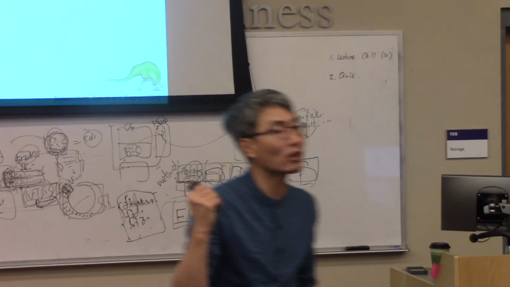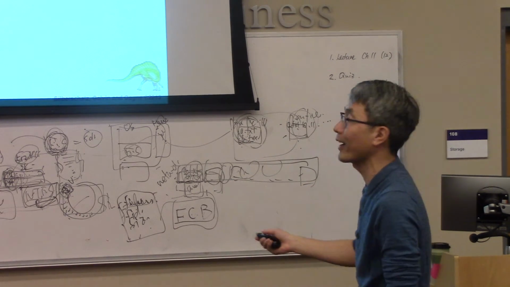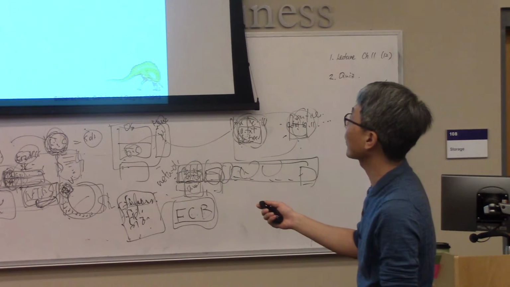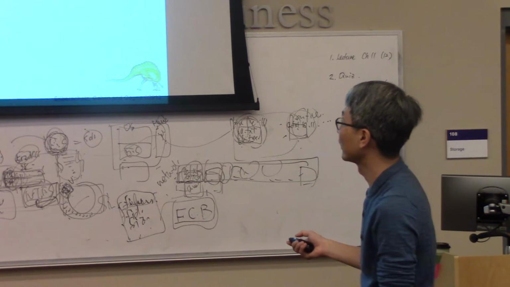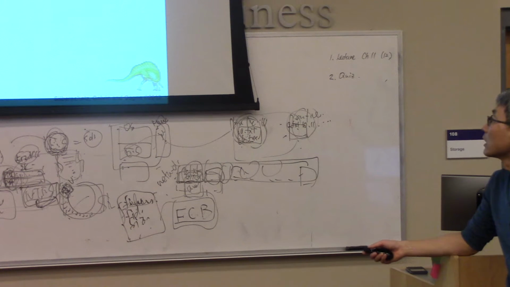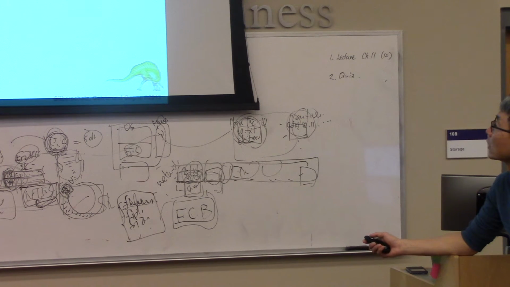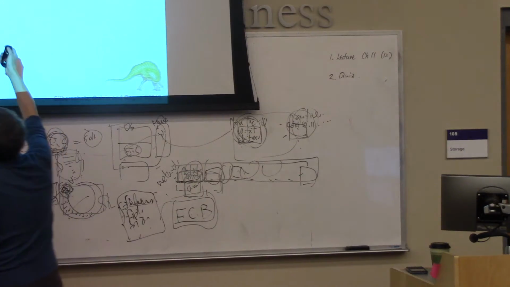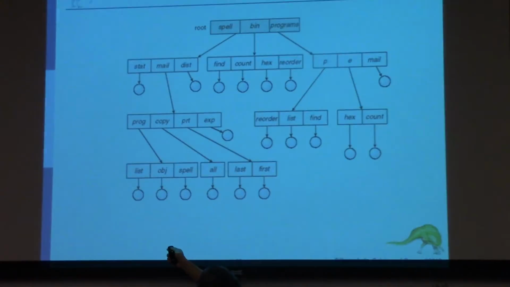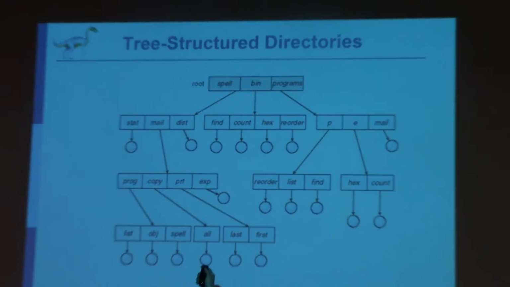So using tree structure, we can manage a number of directories. Okay? Like how can we access? This is a generalization of the two-level directory. However, this one still has an issue. For example, let's see this list. There is a list file, list directory under the program, and there is a list all the way over here.